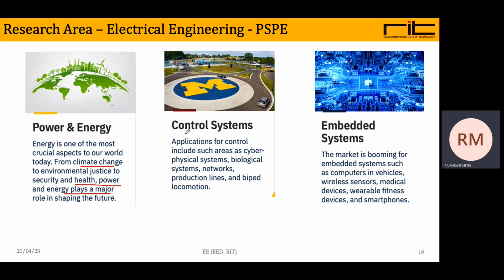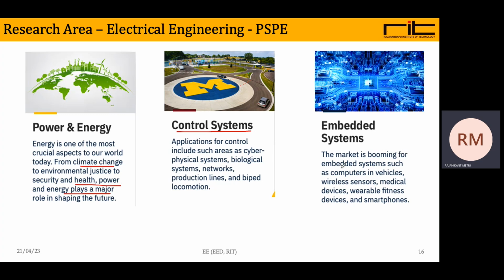Then the next one is control systems. Applications of control include areas like cyber-physical systems, biological systems, networks, machines, production lines, locomotion, and many more. Everywhere the control system is important, and this is again a broader area. Similarly, embedded systems.